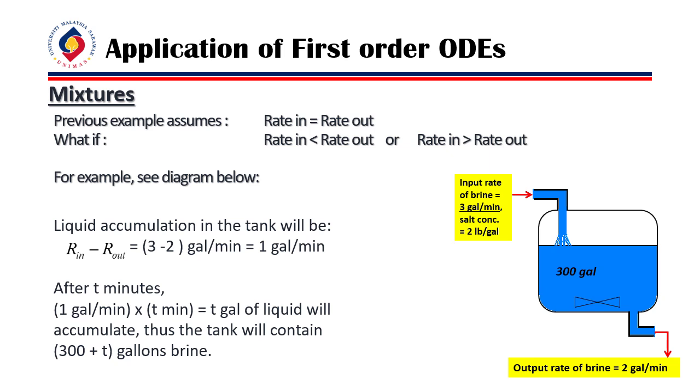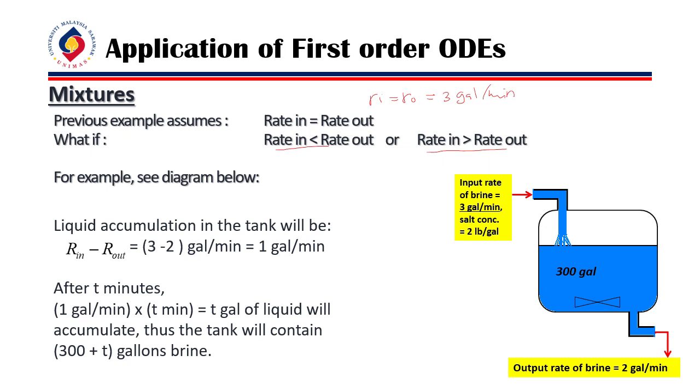And in the previous example, we assumed that rate in is equal to rate out. Okay, so in this example, this is another example. We consider either rate in is lower than rate out, or rate in is greater than rate out. In the previous example, we were given ri equal to ro, which is 3 gallons per minute.